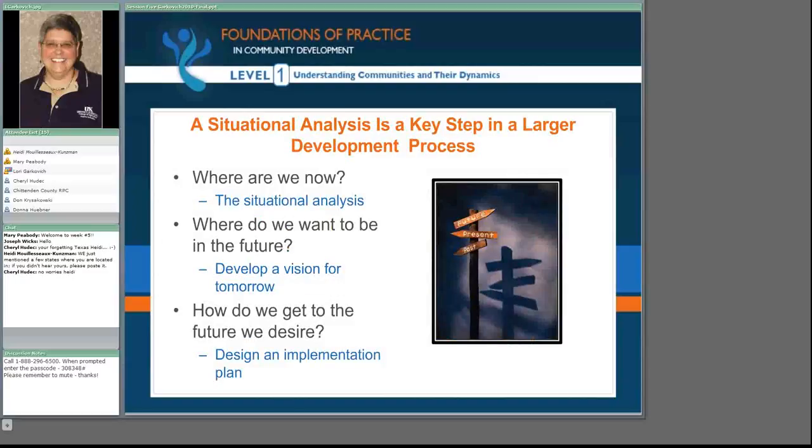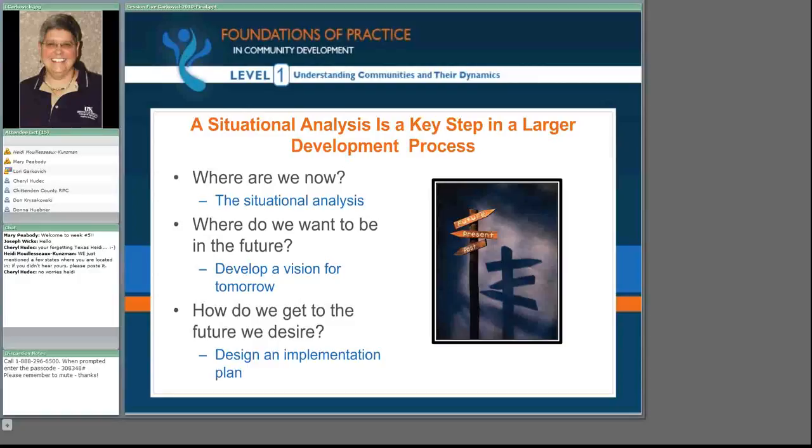I've got a lot of on-the-ground, hands-on experience in guiding communities through a development process. And we always incorporate a situational analysis into that process. So it's a key step in a larger development process.